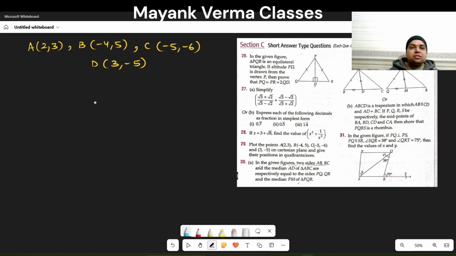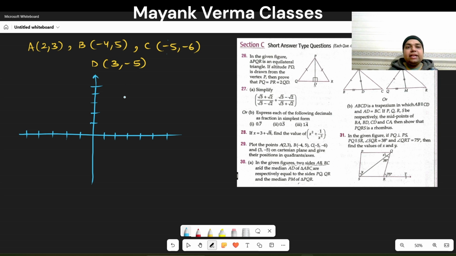Now let's draw this in the Cartesian plane. Now what is the maximum positive value of x? If we see carefully all values, 3 is the maximum. So up to 3 we can go further. And the negative value for x is minus 5 here. So we will take up to minus 5. 1, 2, 3, 4, 5. For the y, again plus 5 is the maximum. 1, 2, 3, 4, 5.